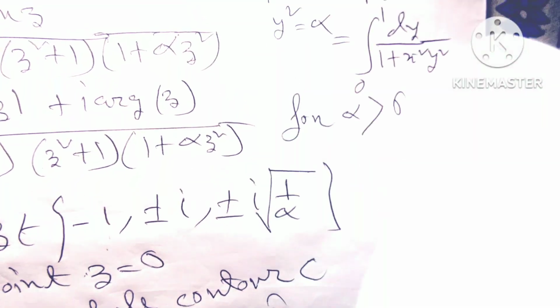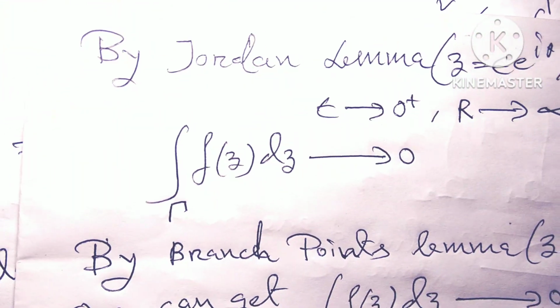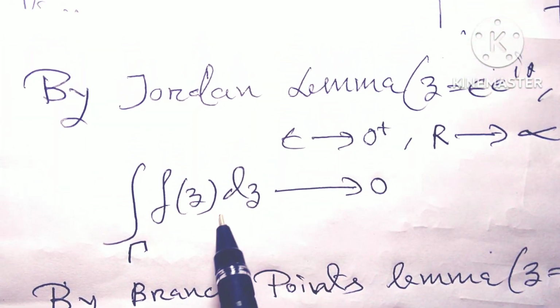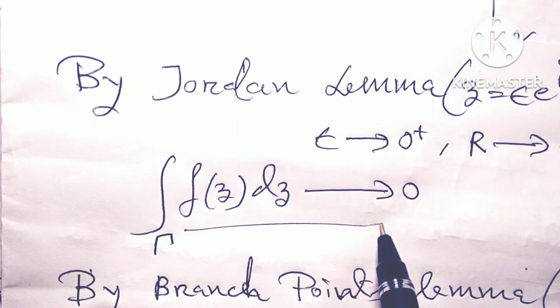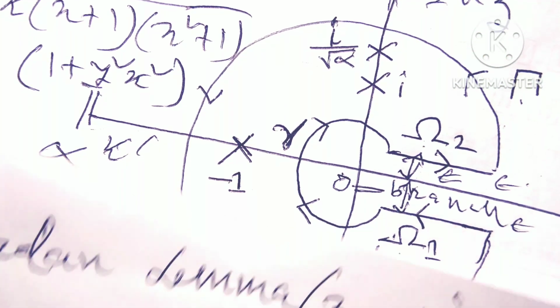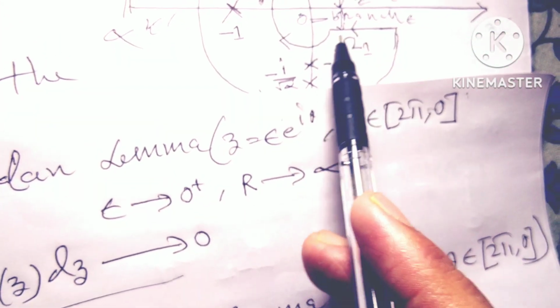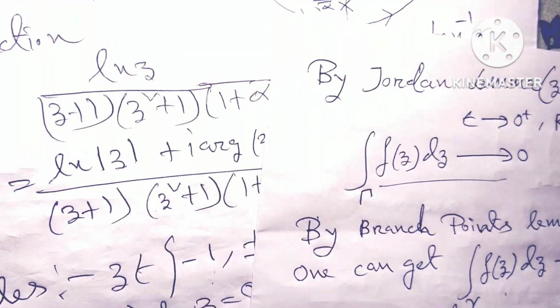Now friends, you see that by Jordan lemma, the integral over the large gamma of f(z) dz is equal to 0, and this small gamma is also 0. So this portion is also 0.